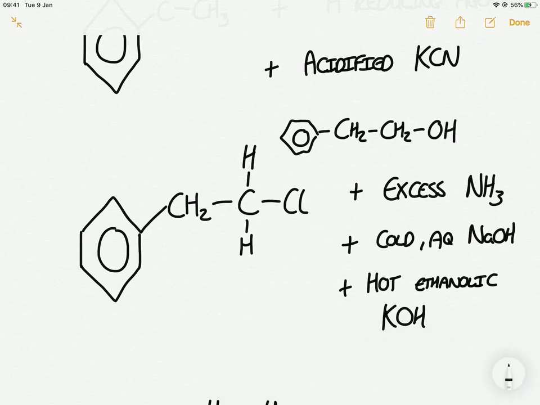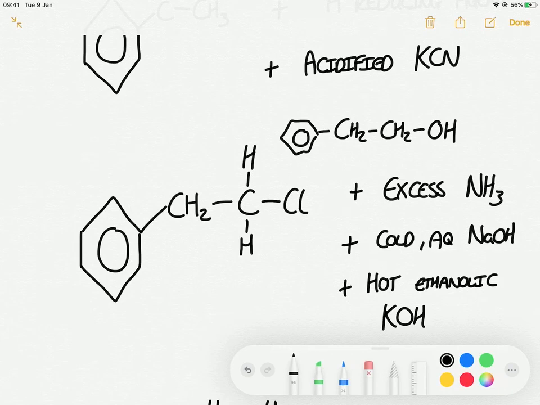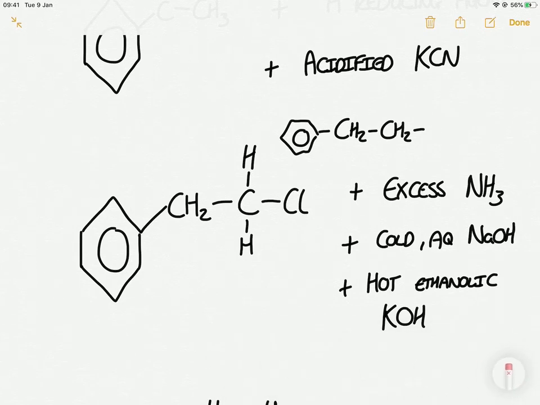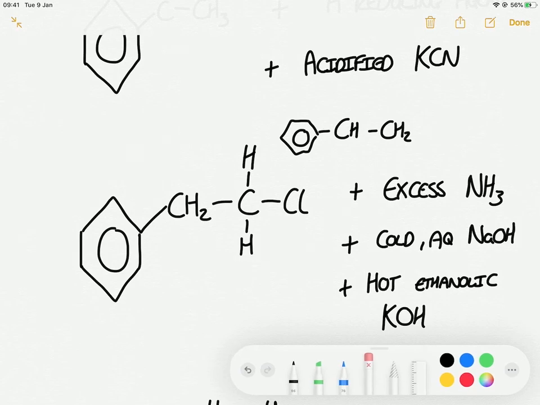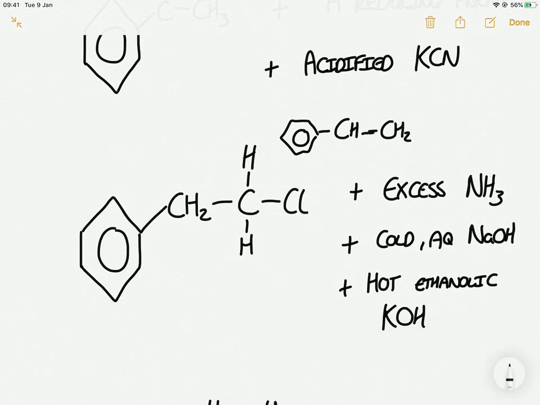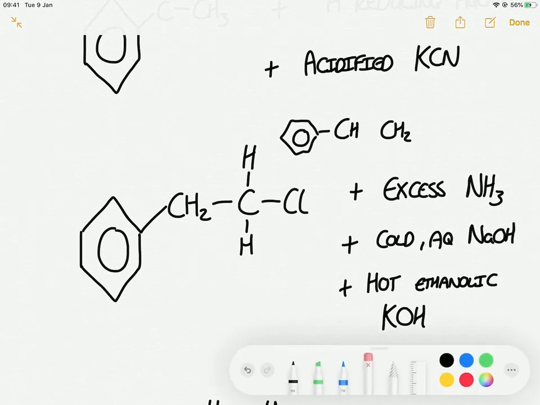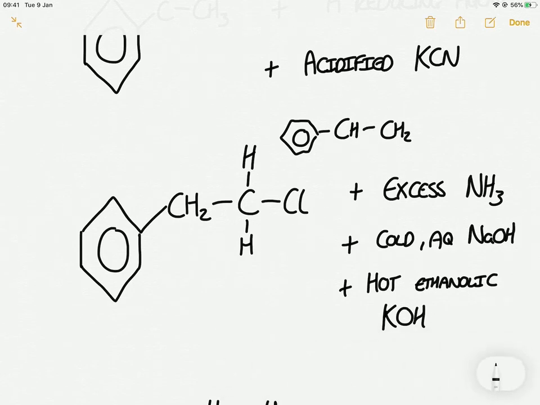Both of those are examples of nucleophilic substitution reactions, right? Then with the hot ethanolic potassium hydroxide, we would anticipate that an elimination reaction would take place. Made a mess of that. And you would actually end up with an alkene, right? So you'd end up with phenylethene.